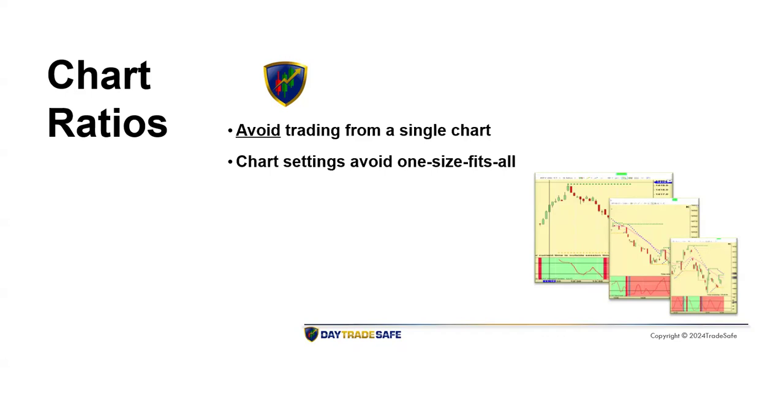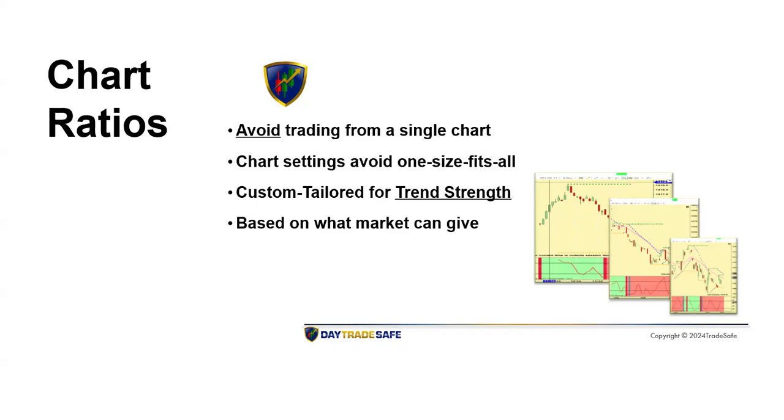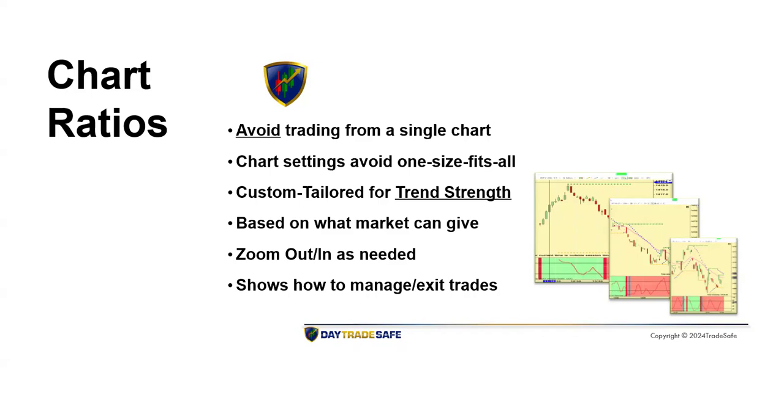You will then be able to determine the strength of the trend. And I'm going to show you how, because it is going to show you what the market is capable of giving as you zoom out and zoom in as needed. And that will then inform you as to how you want to manage or exit your trades.